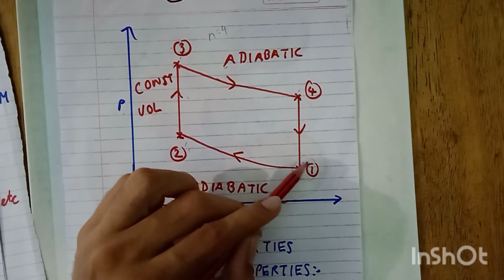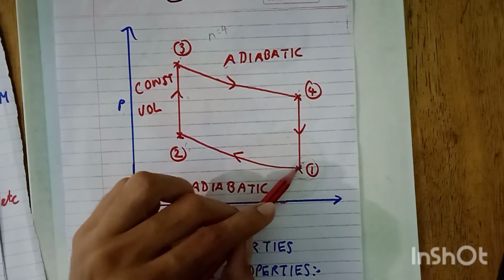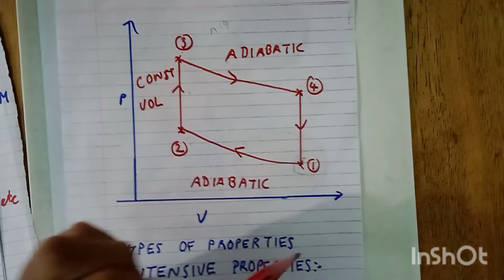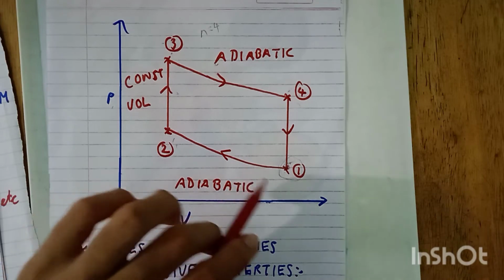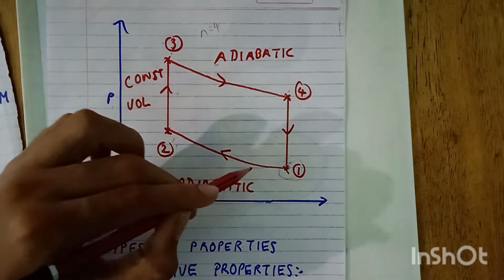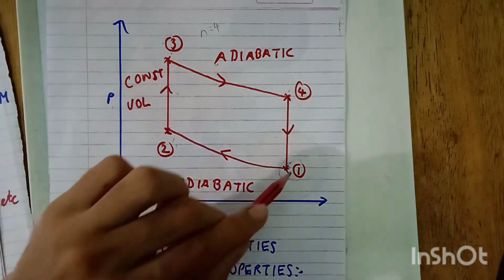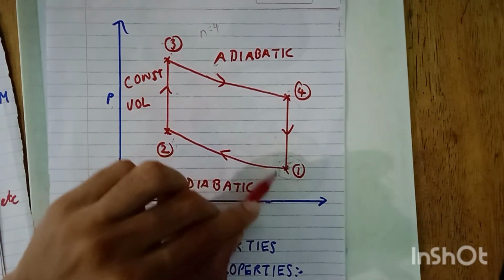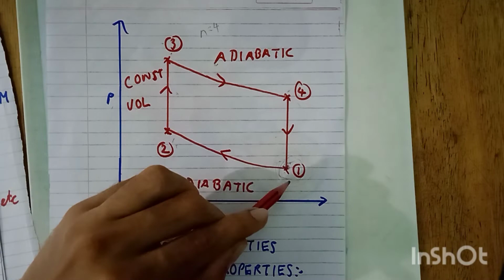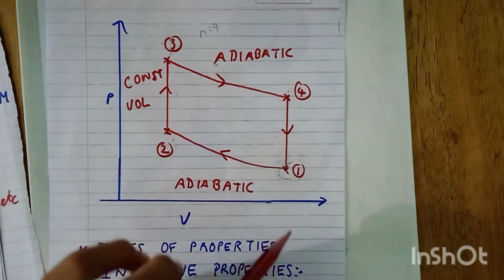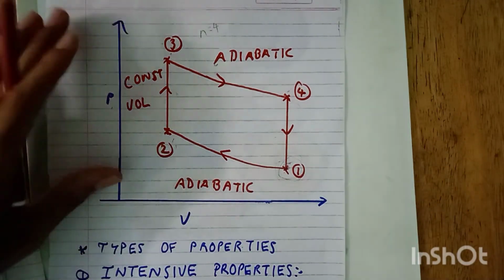That is, it comes back to the same position from which we started. So what is a cycle? A cycle is a series of change of states such that the final state is identical to the initial state.